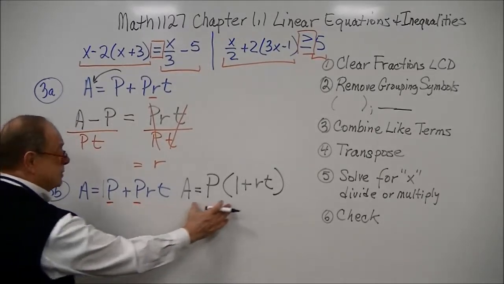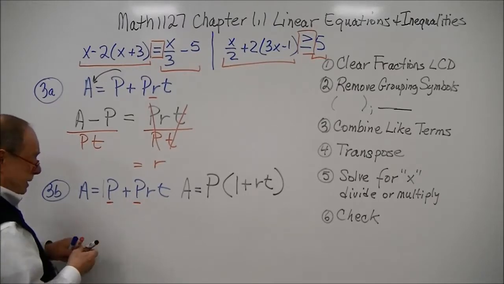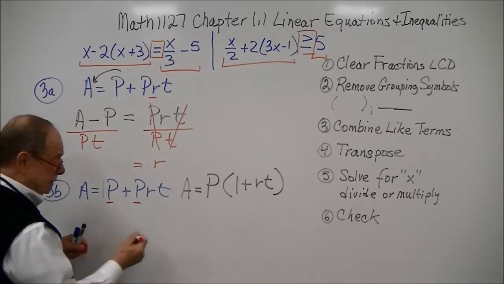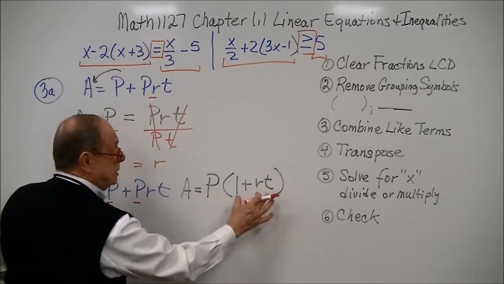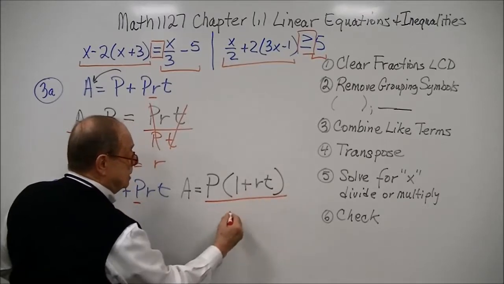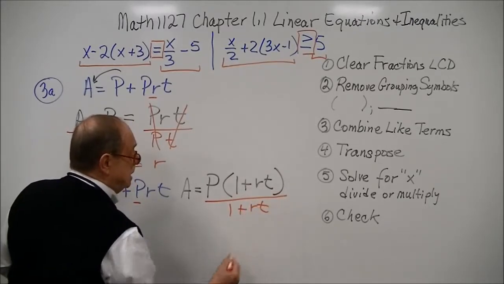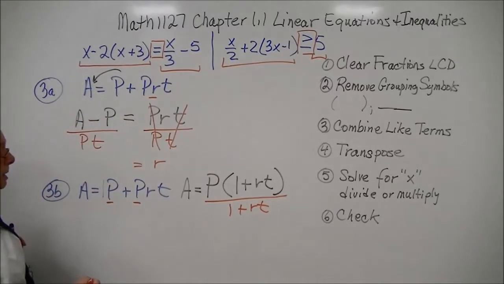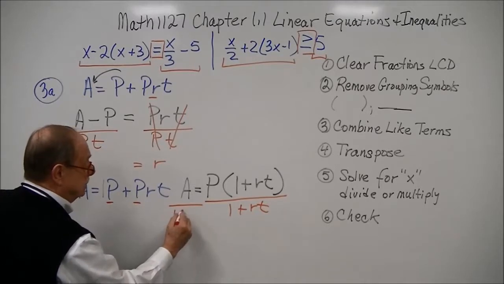So this is equivalent to this. But I've isolated, in a sense, the P. It's P times this. So to get rid of this and get the P by itself, I'm going to divide by 1 plus RT. And if I do it to that side, I must do it to this side.